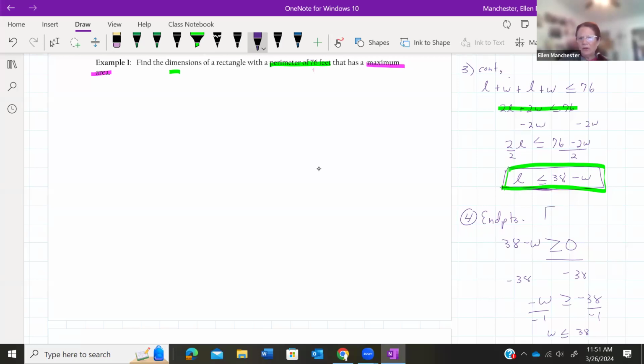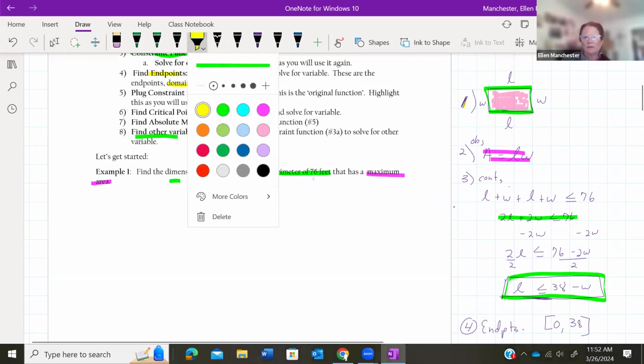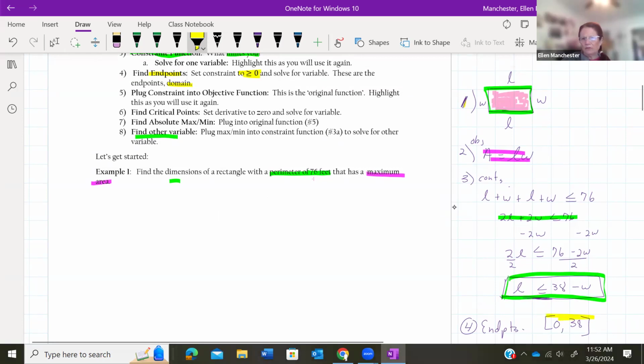Okay, so my endpoints: 0 is always going to be one of the endpoints, and the other endpoint is 38. So that is our domain. There's our domain.